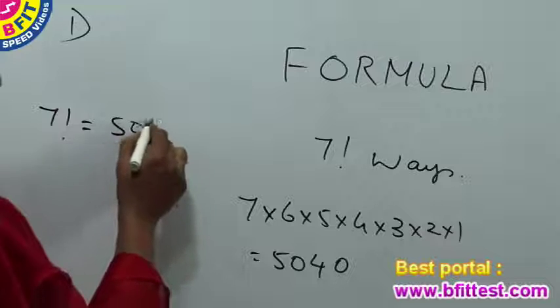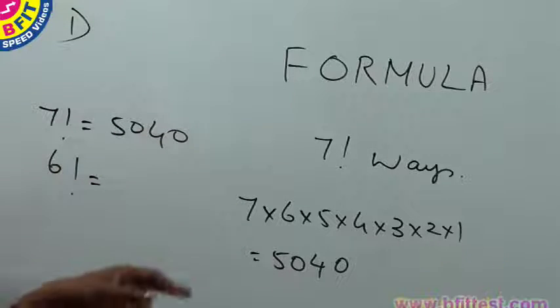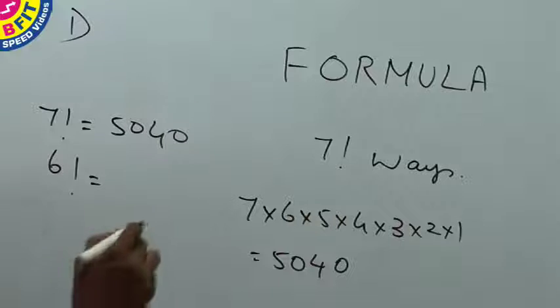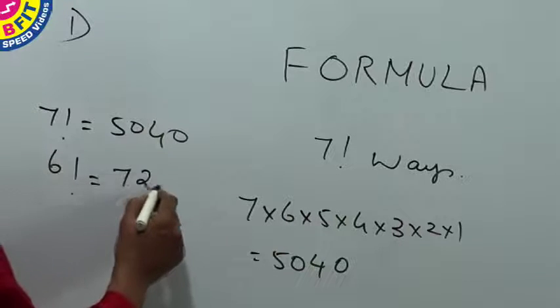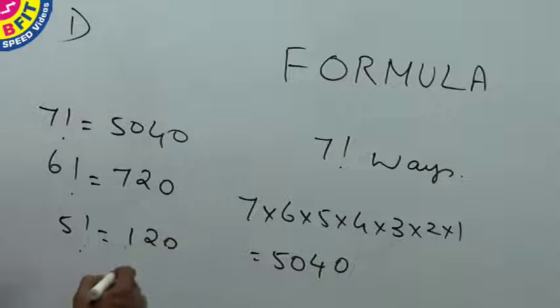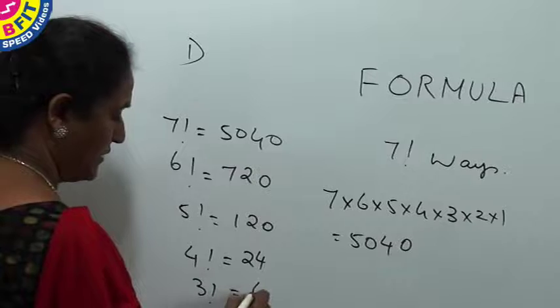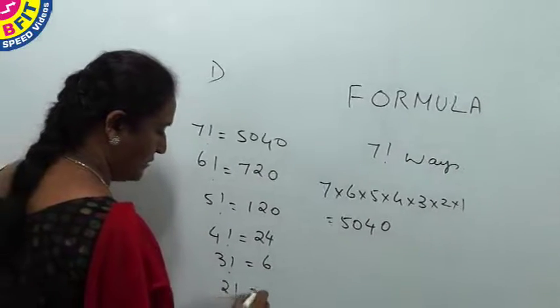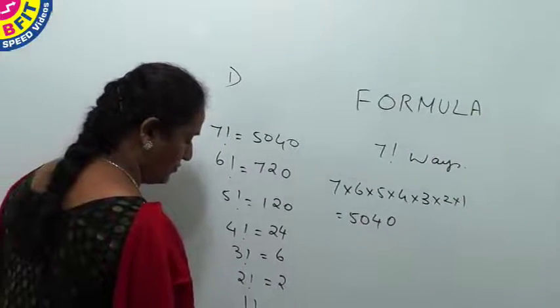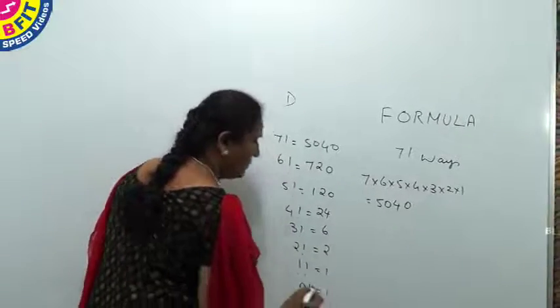You can remember this. The value for 6 factorial, the product of numbers from 1 to 6, is 720, and 5 factorial is 120. 3 factorial is 6, 2 factorial is 1 into 2, 1 factorial is 1, and 0 factorial is also 1.